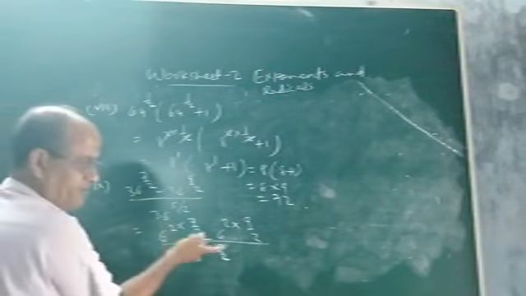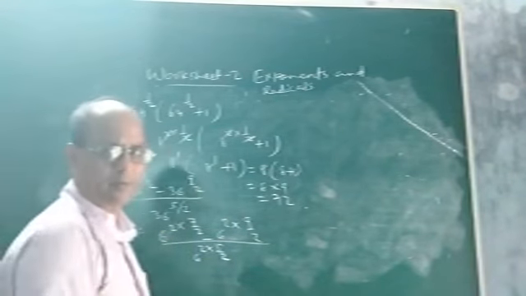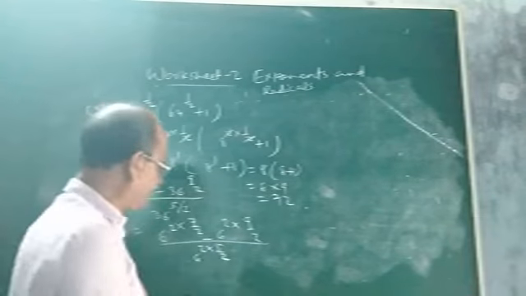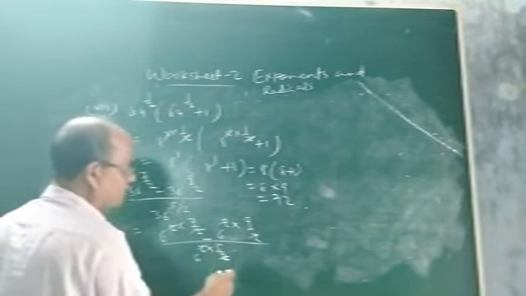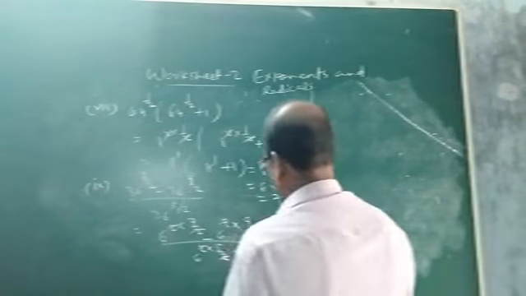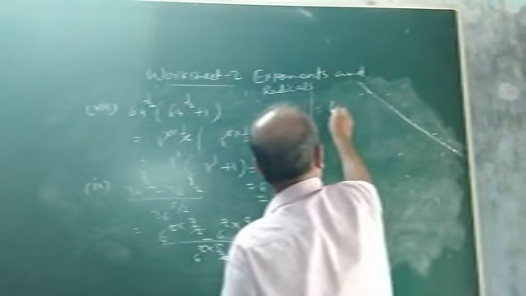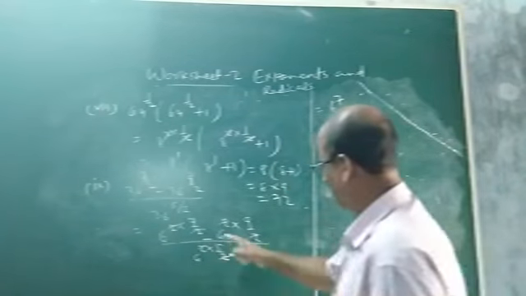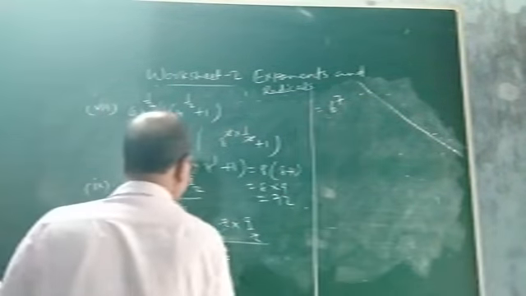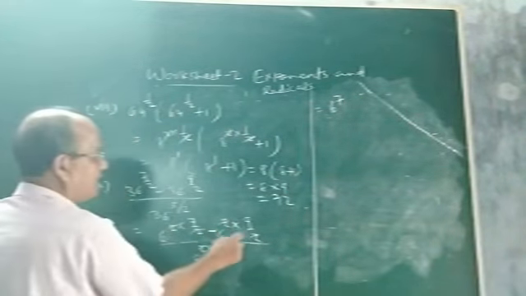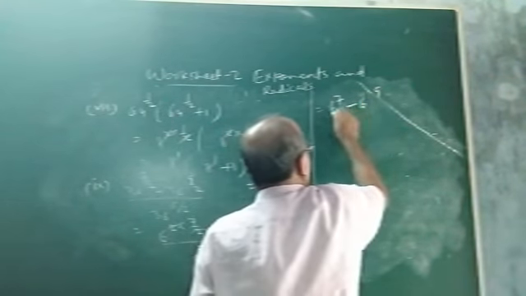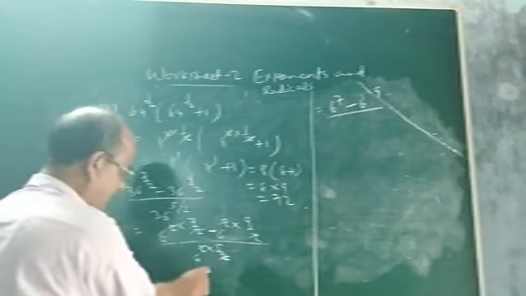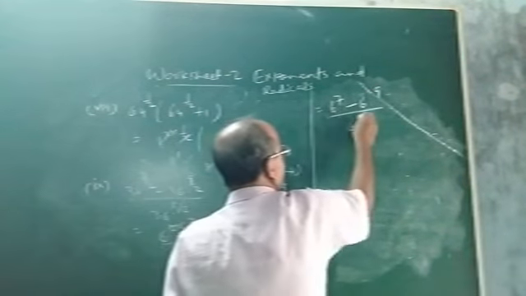I am just breaking 36 as 6 to the power 2 because 6 to the power 2 is 36. Now 2 cancel, 2 cancel, 2 cancel. So what is left? It is 6 to the power 7 minus 6 to the power 9, divided by 6 to the power 5.